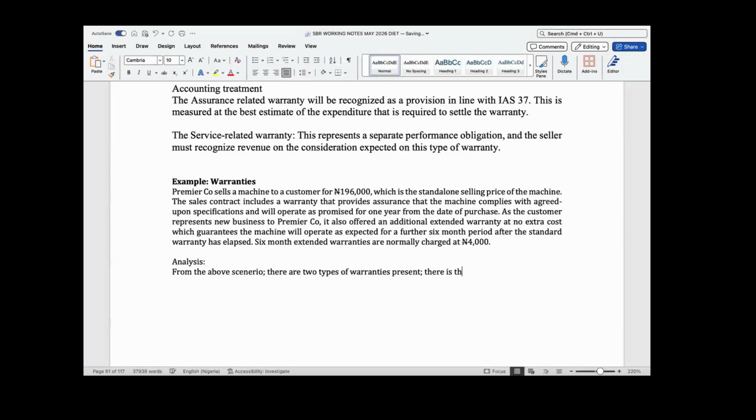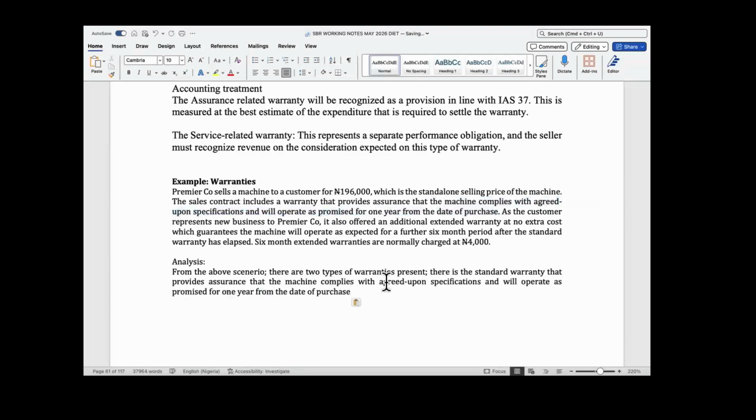There is the standard warranty that provides assurance that the machine complies with the agreed specifications and will operate for 1 year.